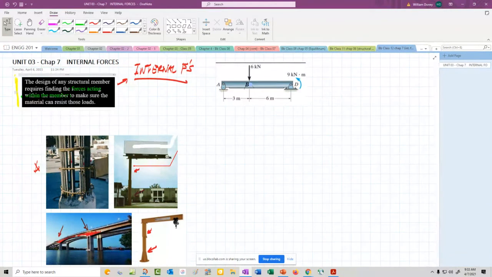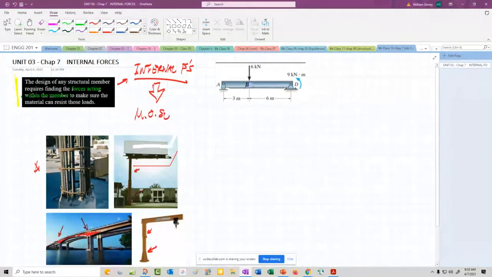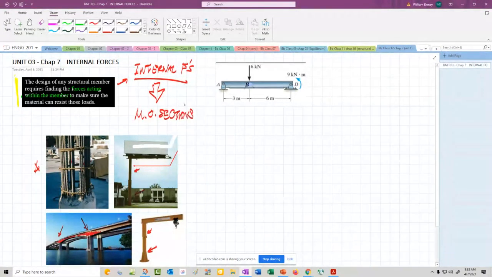And we're concerned about the internal forces because to design any structural or mechanical member, we need to know what's happening inside the material so we know if it'll survive. And the way we're going to find those is method of sections, which is what we just did in the last lecture.